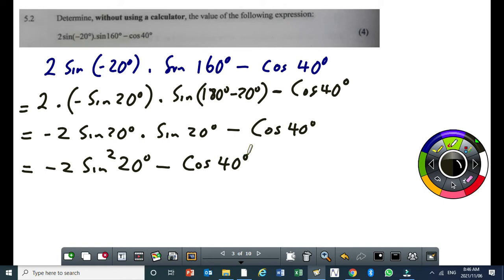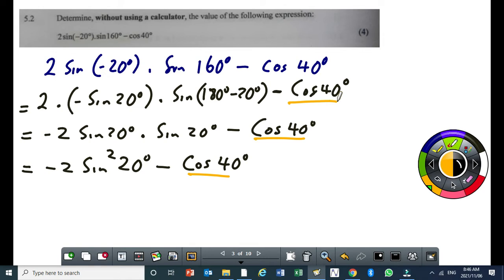Okay? Now, for this question here, you're supposed to be very careful. If you rush to convert it to sine, you end up getting sine 50 degrees because it's a co-ratio. Sine 50 is the co-ratio of cos 40. So you're supposed to use double angle here. Convert the 40 degrees to 20 degrees.